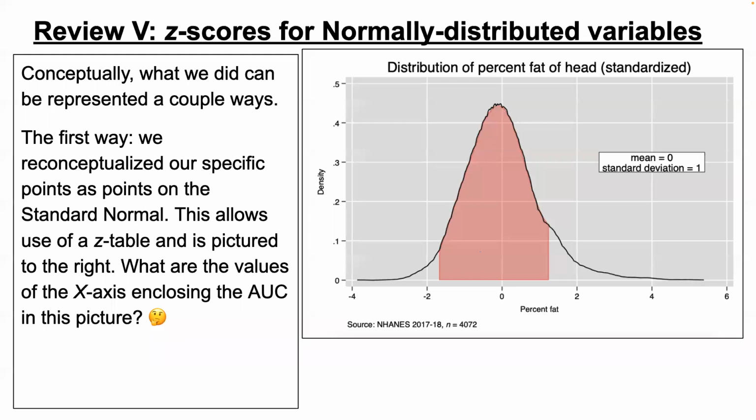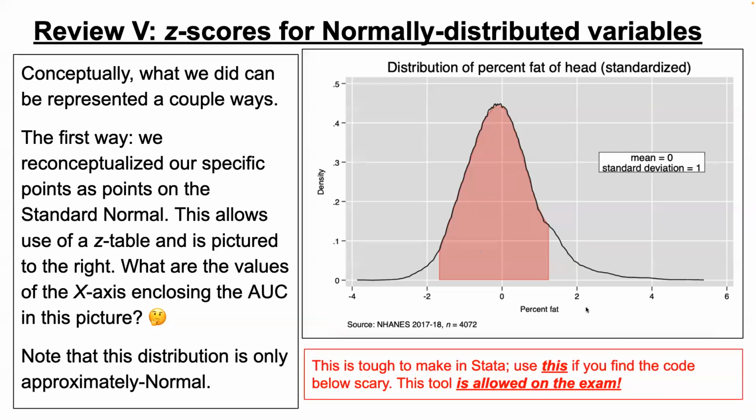That's what that z-score business is about. And note that we could find the values of the x-axis enclosing the area under the curve here. So if we had this picture, negative 1.78 and 1.4, we could go back to this here by knowing the standard deviation and the mean. But there's one more way to think about this too that I think is pretty helpful.